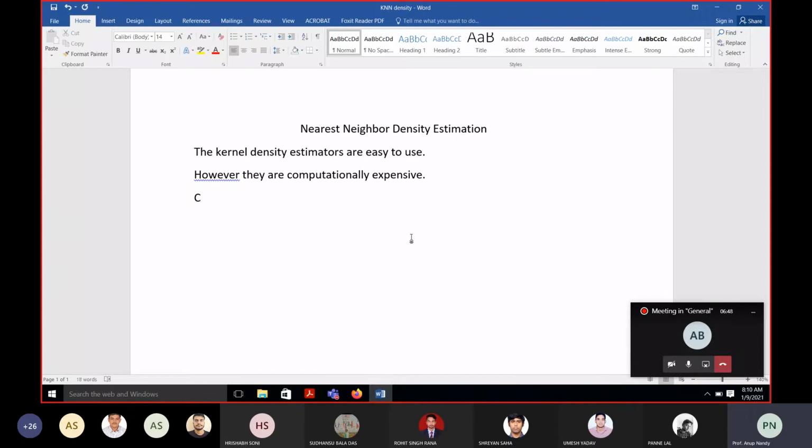Now consider a two class problem with N1 plus N2 equal to N training samples.